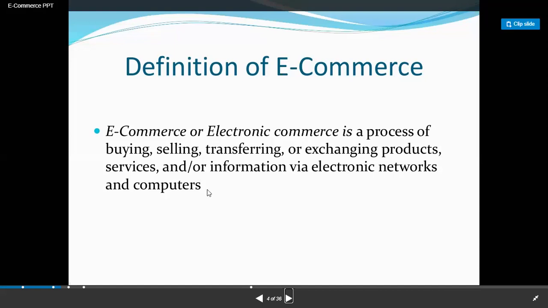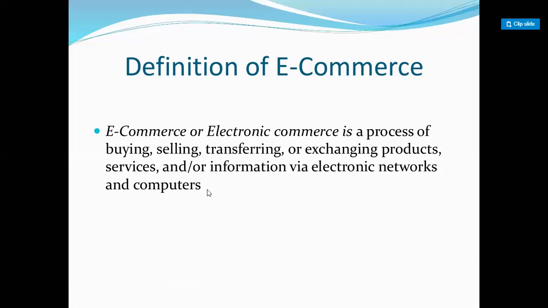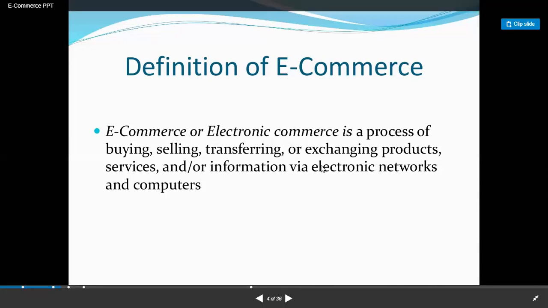When we are purchasing something, selling something, or transferring money from one person to another, we are exchanging products. When we are purchasing from Amazon or Flipkart, we are exchanging products, or buying something, and we are using electronic networks and computers to complete our transaction. So this is called electronic commerce.